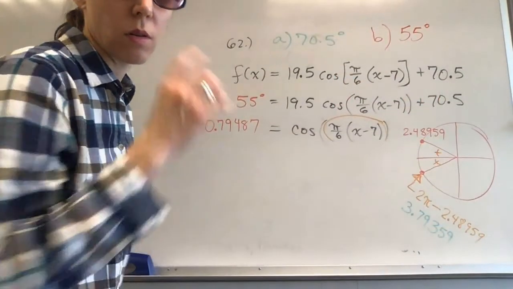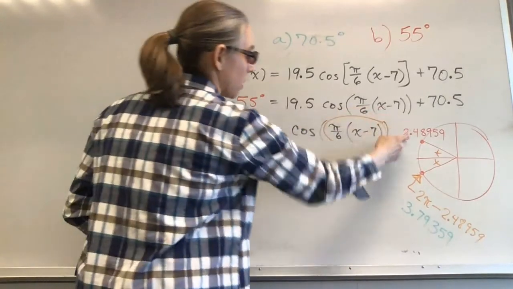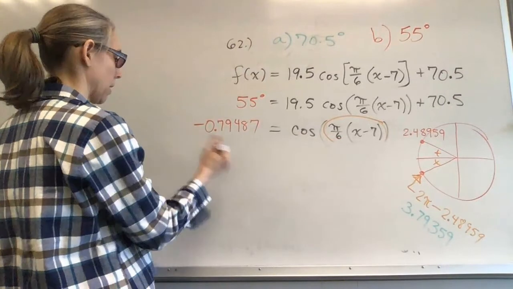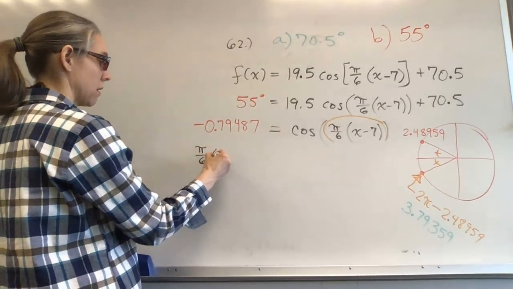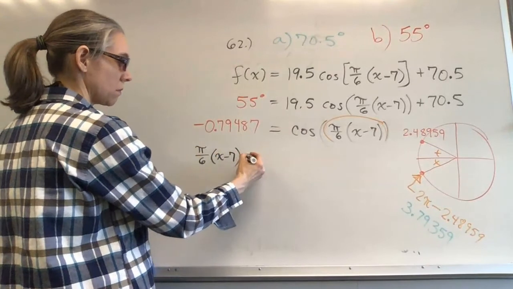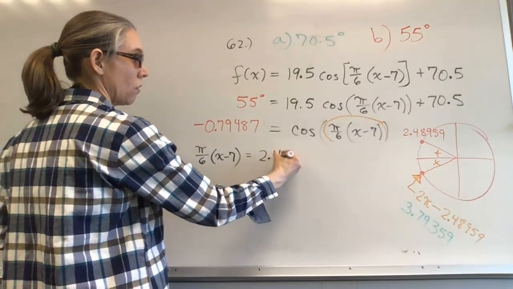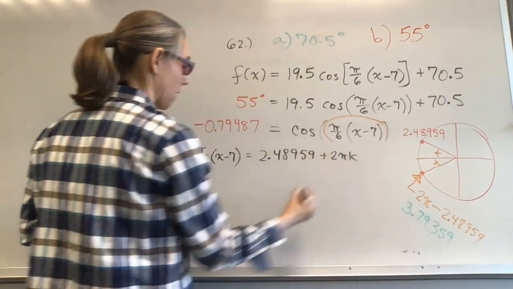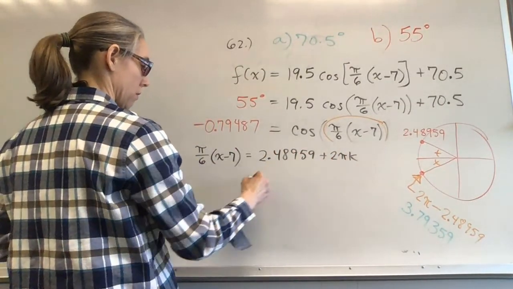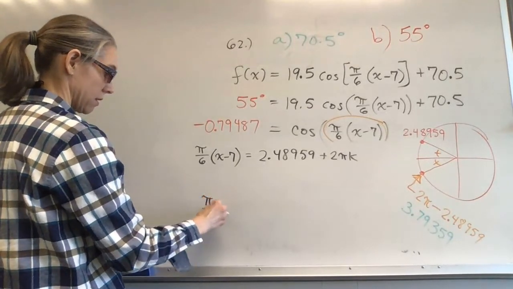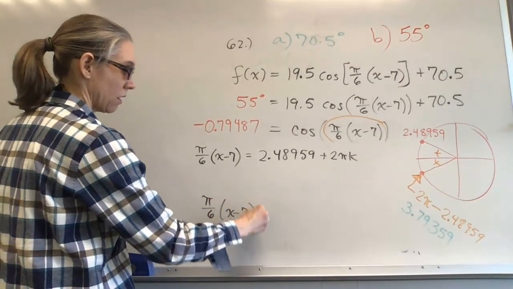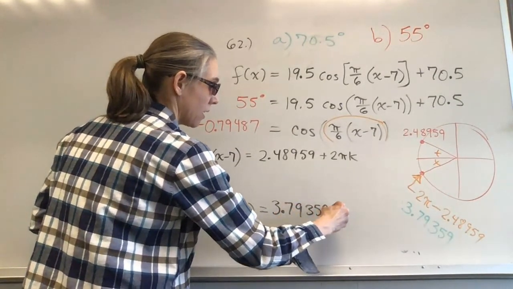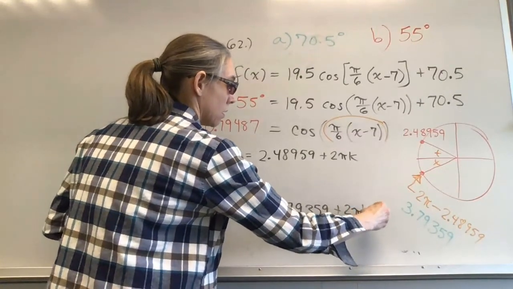Okay, so what I want to do now is take these two values right here and set them equal to what's on the inside here. So we have pi over 6 times x minus 7 is equal to 2.48959 plus 2 pi k, and then also pi over 6 times x minus 7 is also equal to 3.79359 plus 2 pi k.